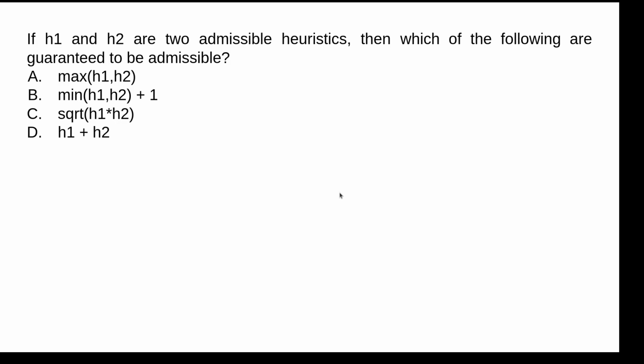This is a very important question. You can consider H1 and H2 as some function and do the calculation and finally come up with which one is again admissible. If H1 and H2 are admissible, then which combination of H1 and H2 would lead to the admissible property?